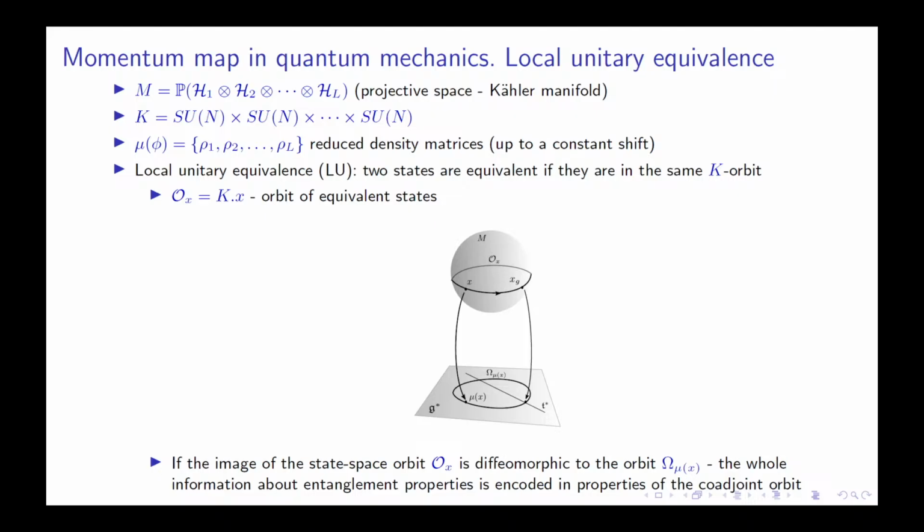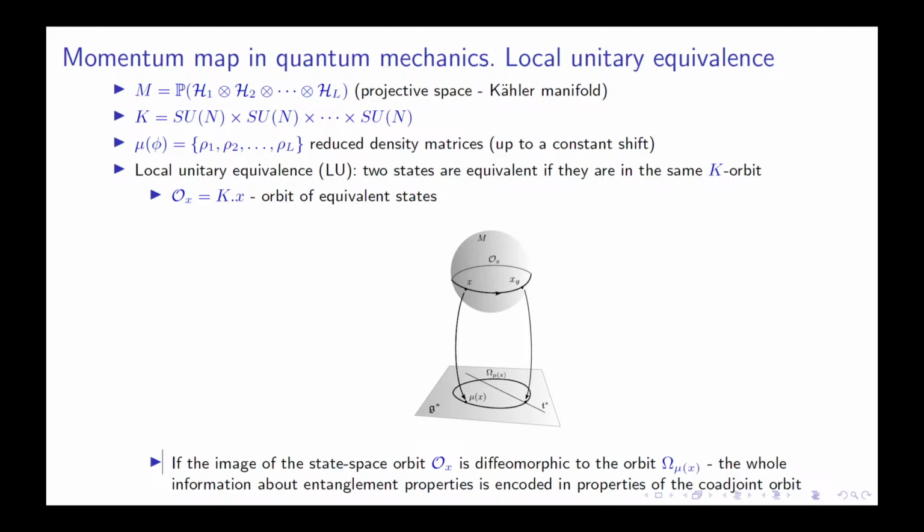So if these orbits are actually diffeomorphic, then all information which is here is included here. But what is the information I have here? There are the spectra of the reduced density matrices. So if they are diffeomorphic, these are more or less the same thing, with a one-to-one correspondence between them.